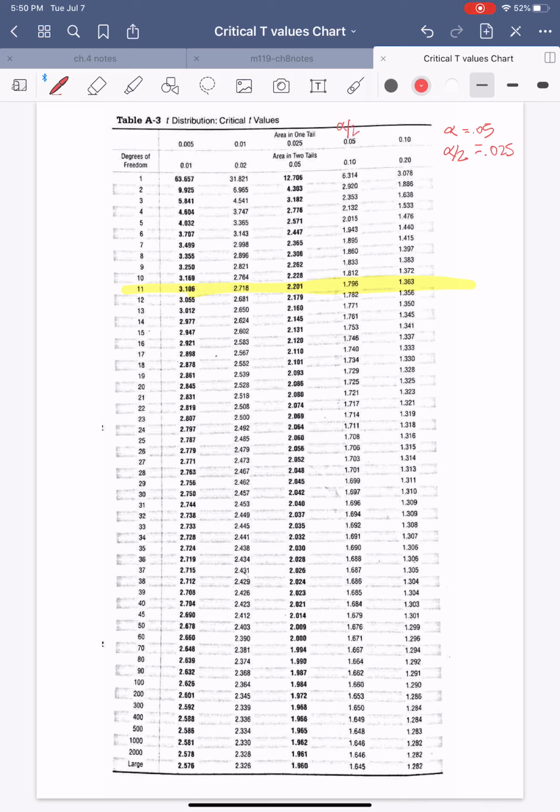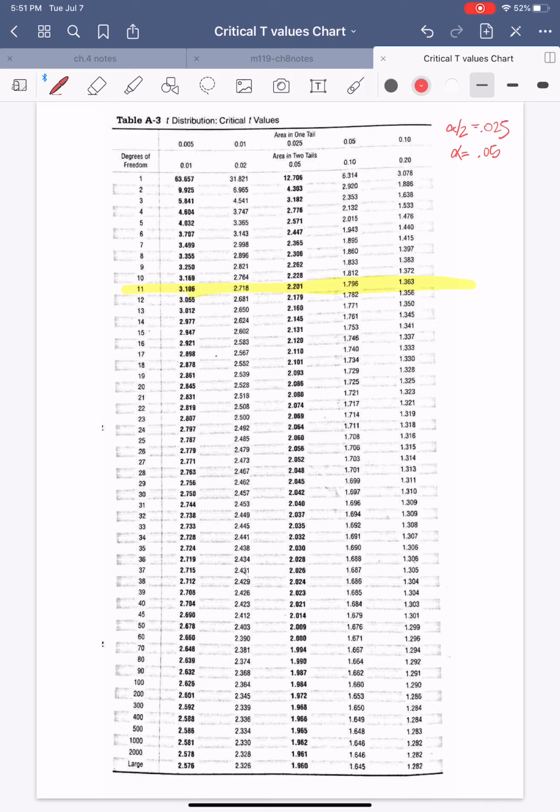So this is alpha over 2. This is alpha. So I switch it around. Let me write it more clearly. Because the area in one tail, it's just one number. Alpha over 2, alpha. We had alpha value 0.05, 0.025.